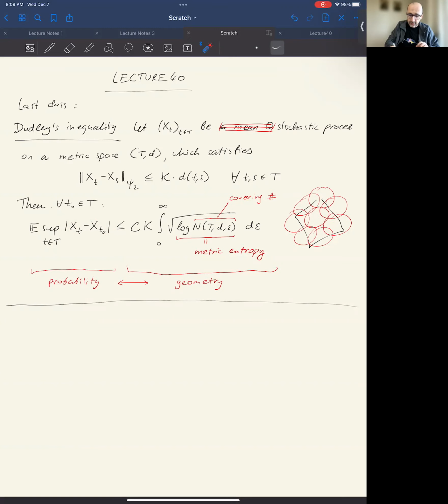But the formal answer is this. If you look at the proof, where did we actually use mean zero? We use it exactly once, when we got rid of X_{t0}. So first we proved this bound, then we used the mean zero assumption to get rid of X_{t0}. But in this version, I don't get rid of X_{t0}, and therefore I don't have to assume mean zero. So that's why. I see. Thanks. Sure.